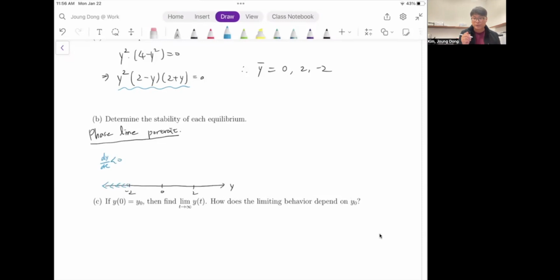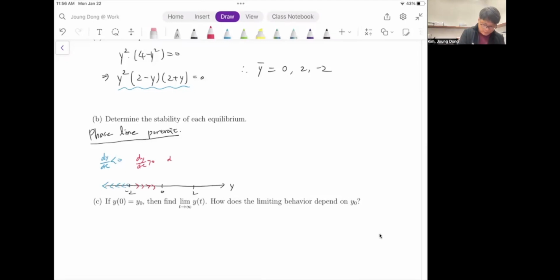Between -2 and 0, let's say -1: y squared is always positive, 2 minus -1 is 3, which is positive, and 2 plus -1 is also positive. So all of them are positive. We can say positive, going up. What happens between 0 and 2? Maybe 1. y squared is positive, 2 minus 1 is positive, 2 plus 1 is positive.